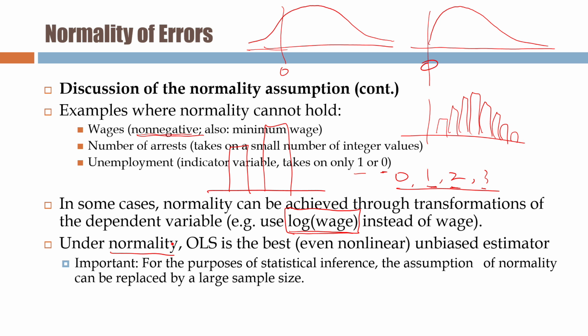If we assume our error term is perfectly normal, then OLS is our best unbiased estimator. So that's why we keep using this least squares method.